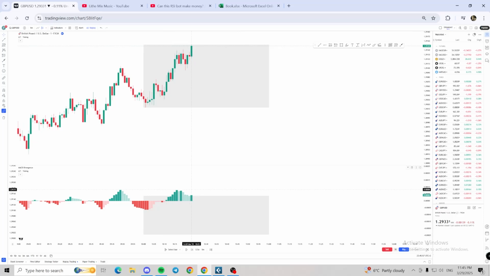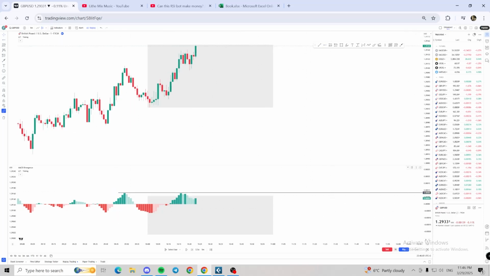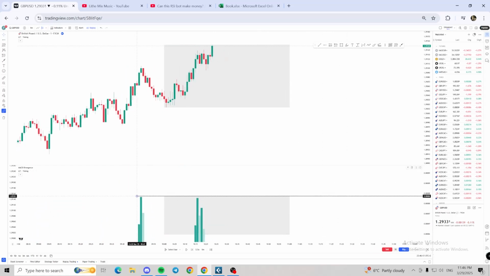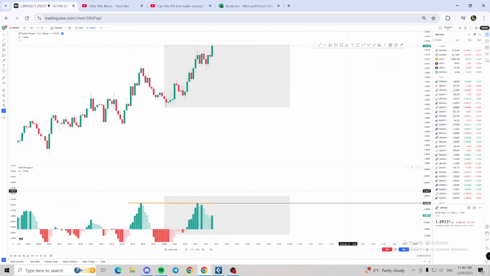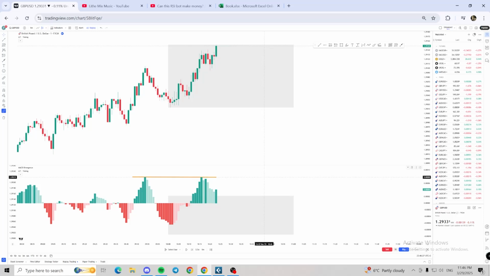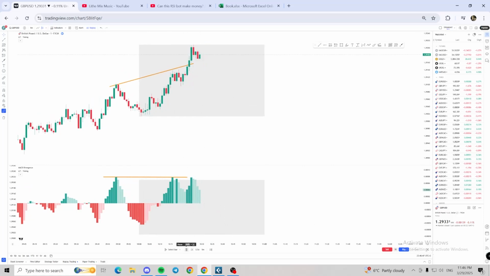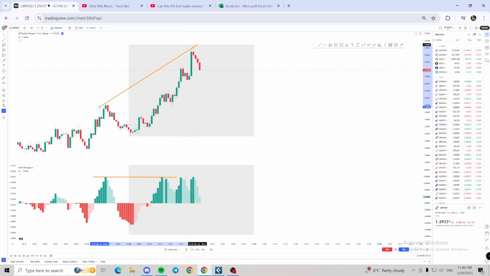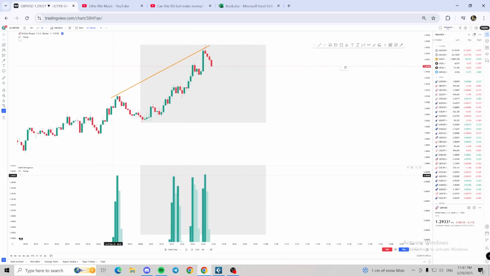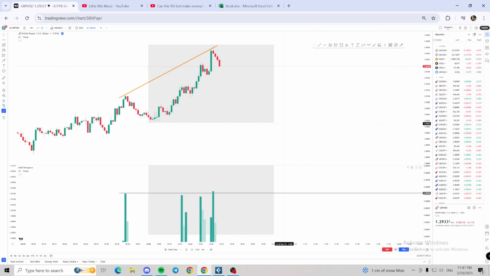Okay, let's see if this high is higher than the previous one. It is lower so far than this. Let's see what happens. Okay, so it is no longer a divergence, you see.